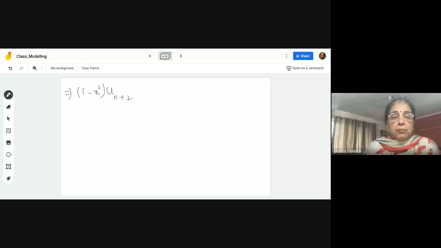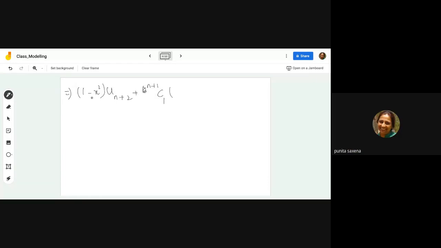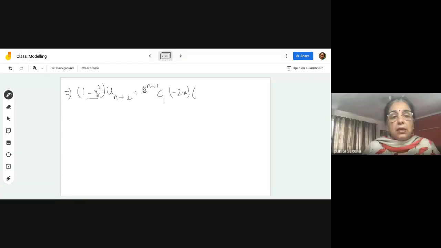Then plus, now it was an (n plus 1)th derivative. So it's going to be, okay, n plus 1 C1 into the first derivative of v, which is nothing but minus 2x, into, now it will be u(n plus 1), one derivative less than that of u, right?